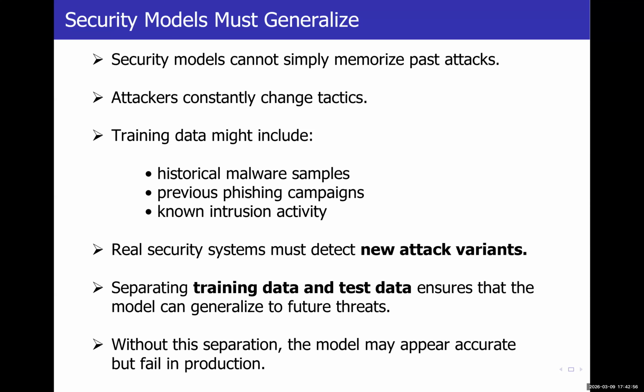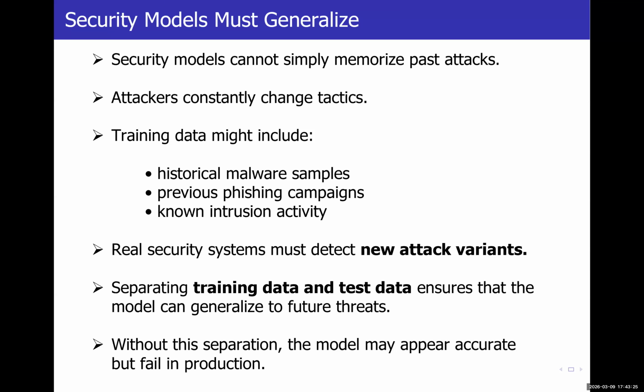For example, a phishing detection system might be trained on historical phishing campaigns. The training data set might include thousands of labeled examples of malicious emails. However, attackers quickly adapt. They change domain names, they alter message content, and they modify attachments in order to bypass detection systems.